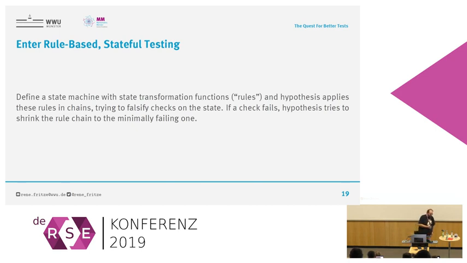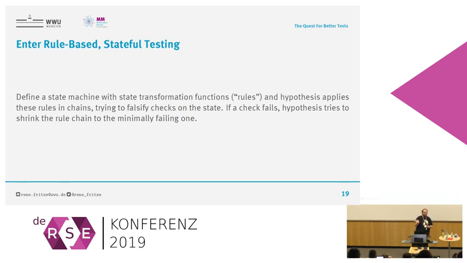The actual bigger part, I think, what hypothesis enables you to do is define a state machine as a class. You define transformations between your state as rules, it's what it's called. You can then implement a check that some property of your state still holds.